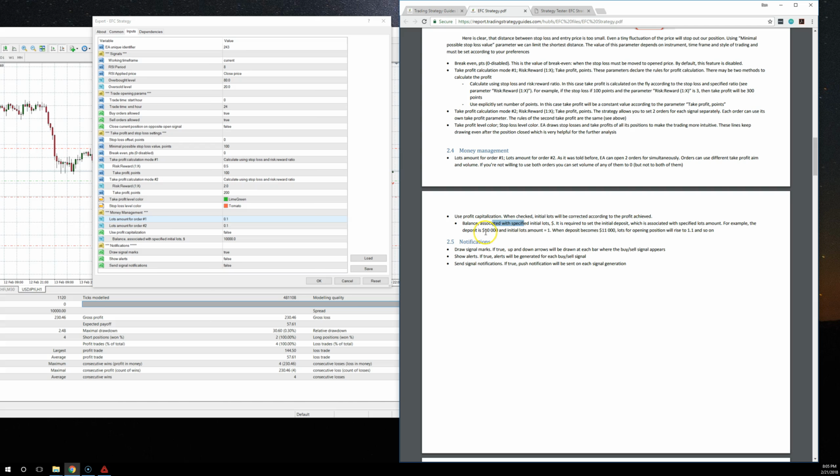And for example, the deposit is $10,000, and the initial lot amount is equal to 1. And then the deposit becomes 11,000, and so on and so forth. If that makes sense, a lot of these settings are very detailed. But basically what that does is it keeps adding to the position size.